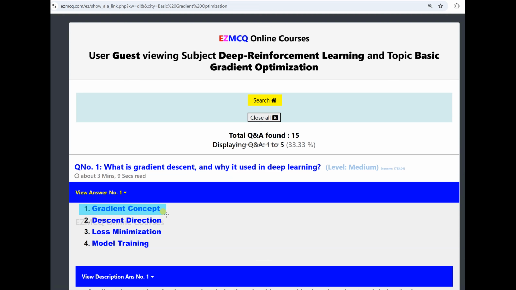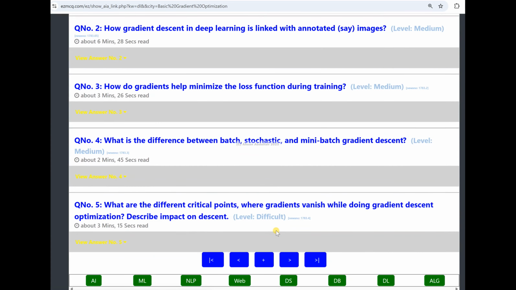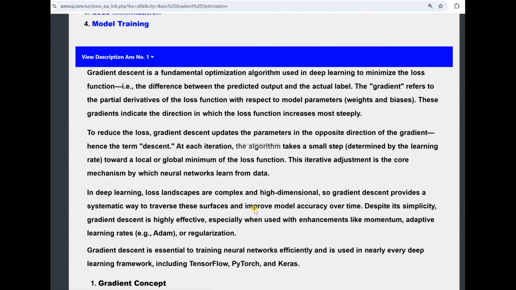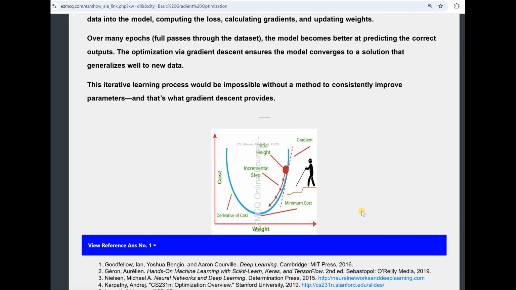So when we compute the gradient of the loss function with respect to the weights, we understand how to adjust the weights to reduce the error. Let me first give you an analogy, and then I'll show you this diagram. This is very interesting.